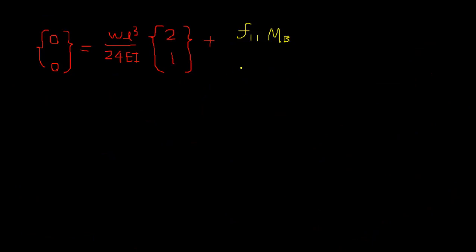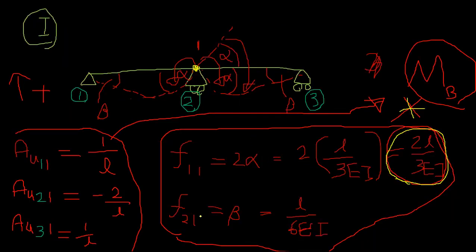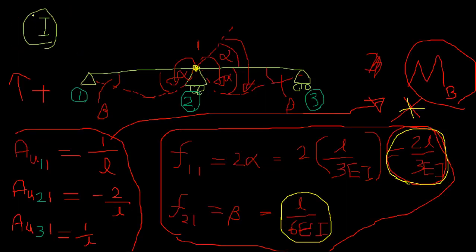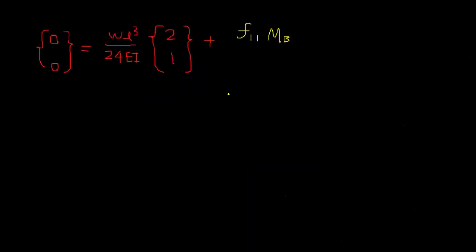At the second coordinate, F21 into MB. This is the first redundant structure.